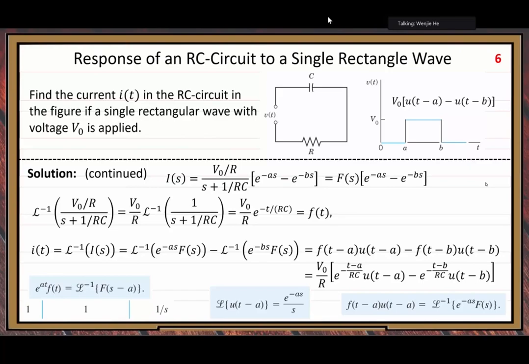Remember, in our previous slide, we have a Q version, right? Later, when we have the electric circuit problem, we will use the Q version to do the calculation. So here, this is the little q version.